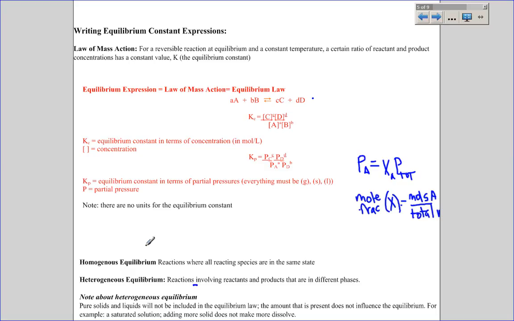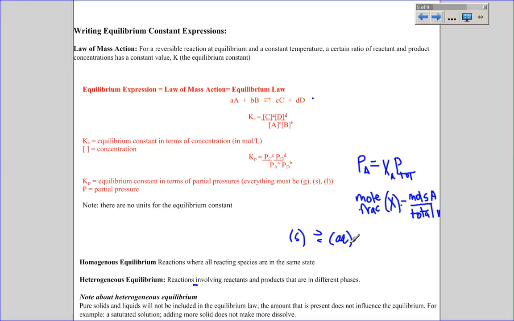This is important to note because when you have a heterogeneous equilibrium, the pure solids and liquids will not be included in the equilibrium law. The reason for that is because when you have a heterogeneous equilibrium, the amount of the solids and liquids will not affect the equilibrium. So think of a saturated solution for a moment. You've got an equilibrium between a solid and something that's aqueous.